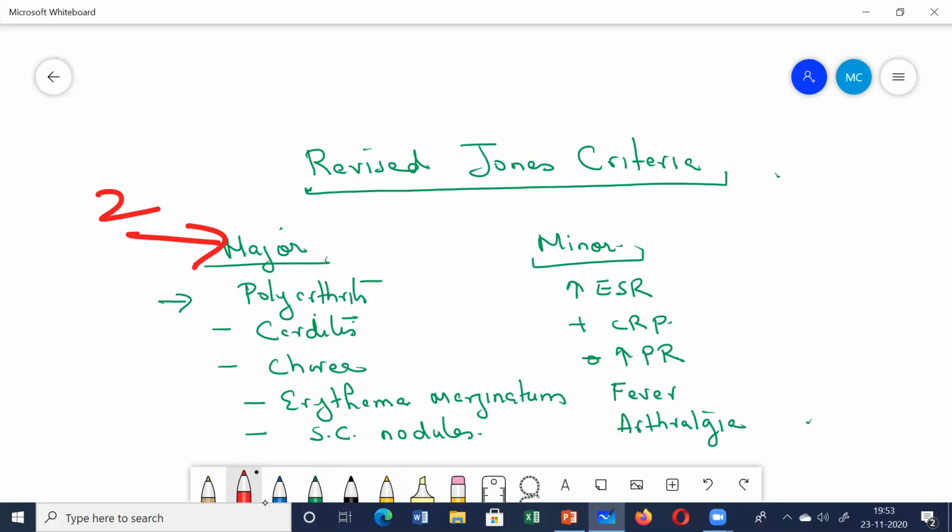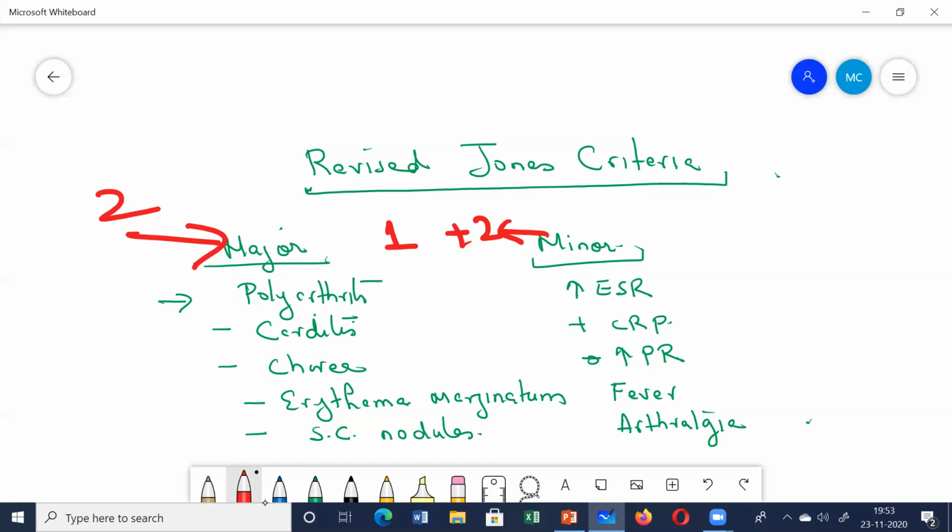If there are two major criteria, then it's fine. Or if out of all these five criteria you get only one major, plus you have to find at least two minor manifestations. If it is two major, it's fine, you don't need to go into the minor. But if you get only one major criterion plus two minor manifestations, that indicates a high probability.